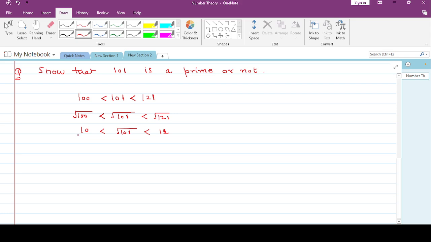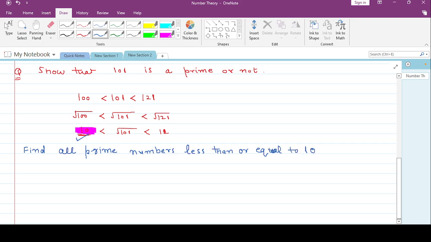Now focus on this number on the left hand side, which is 10. Now what you do, find all prime numbers less than or equal to 10.